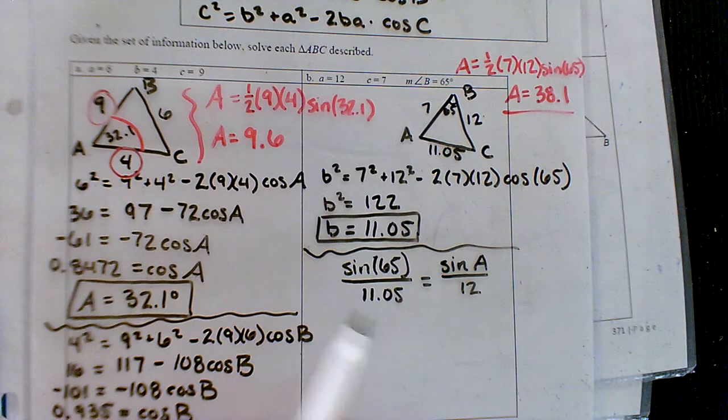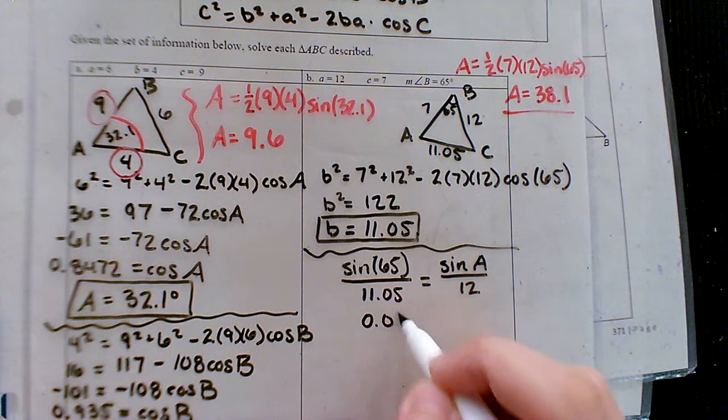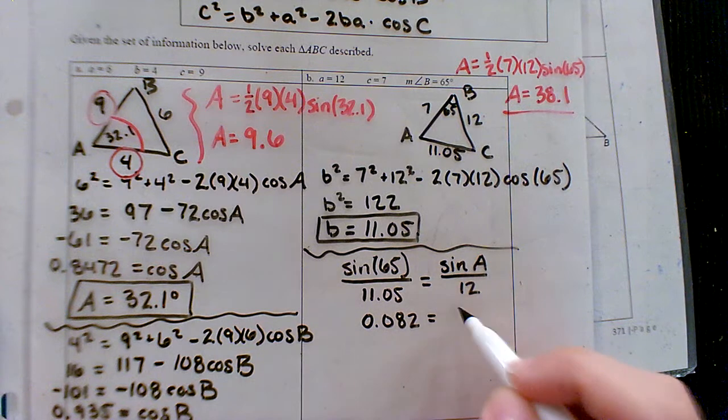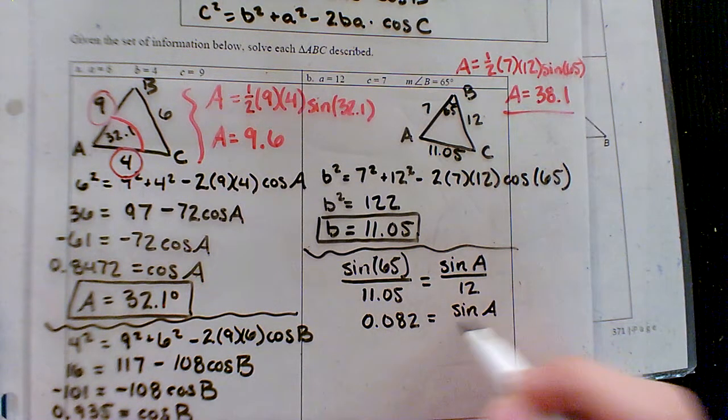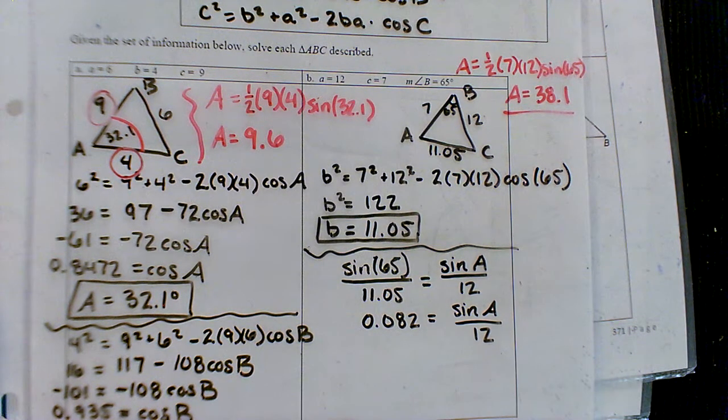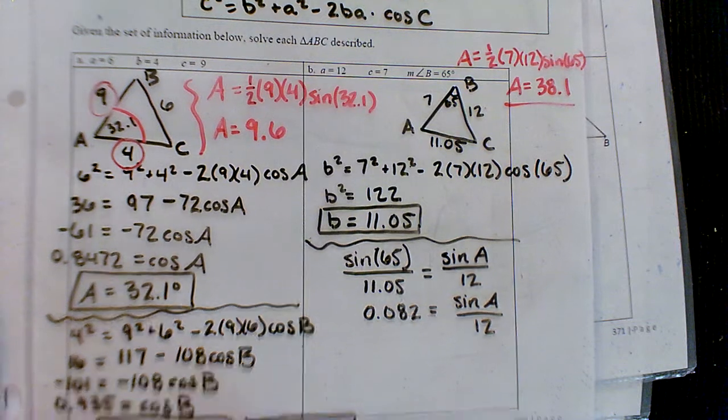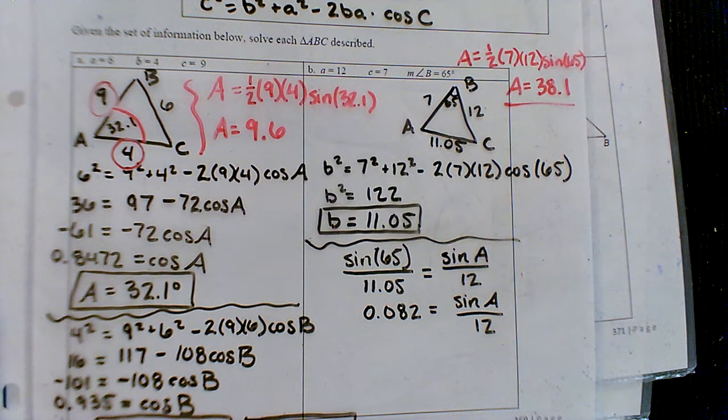So let's see, on the left-hand side, we can type that in. Sine of 65 divided by 11.05, 0.082. Can multiply the 12 over.